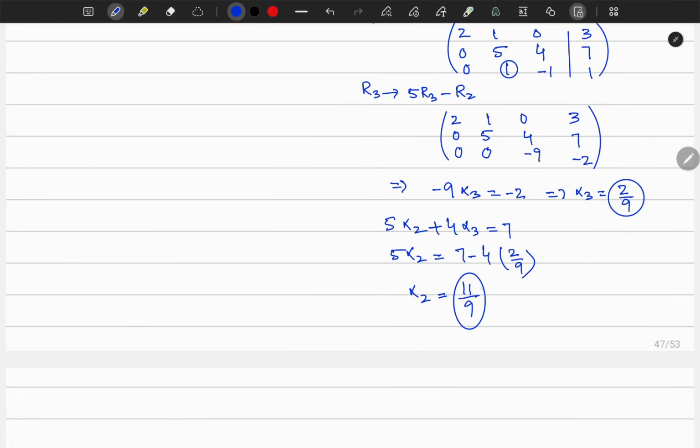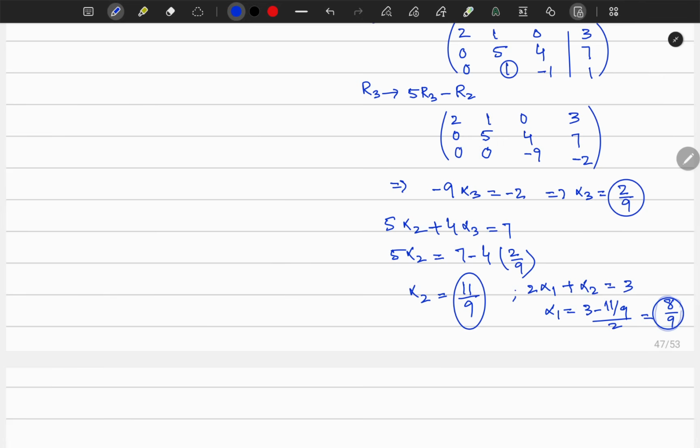And now putting this alpha 2 and alpha 3 in the first row, that is 2 alpha 1 plus alpha 2 is equal to 3. So alpha 1 is equal to 3 minus 11 by 9, whole divided by 2. So you will get alpha 1 as 8 by 9.